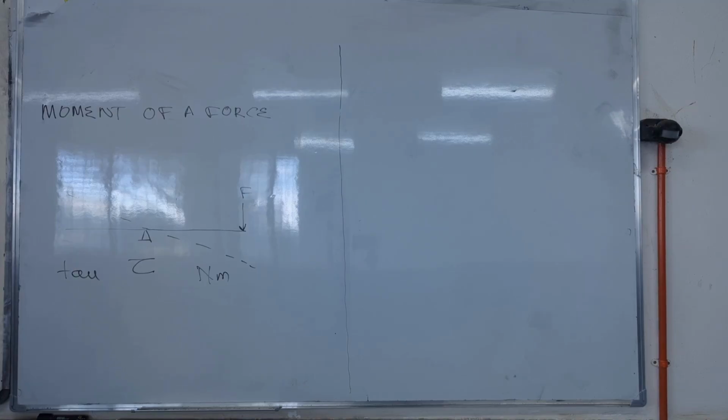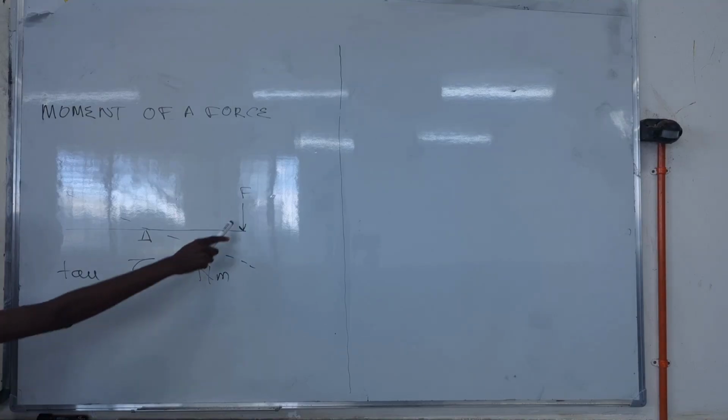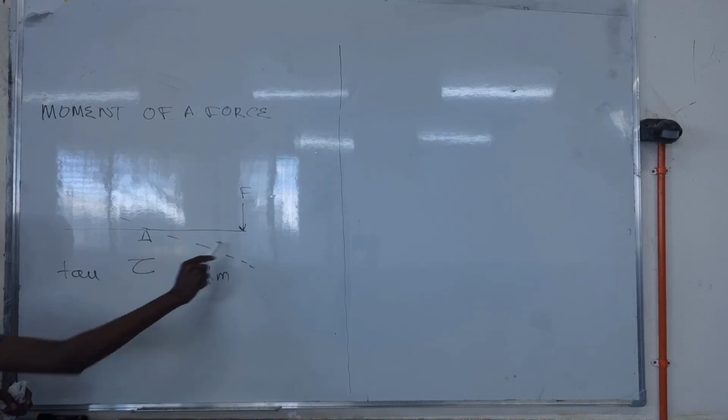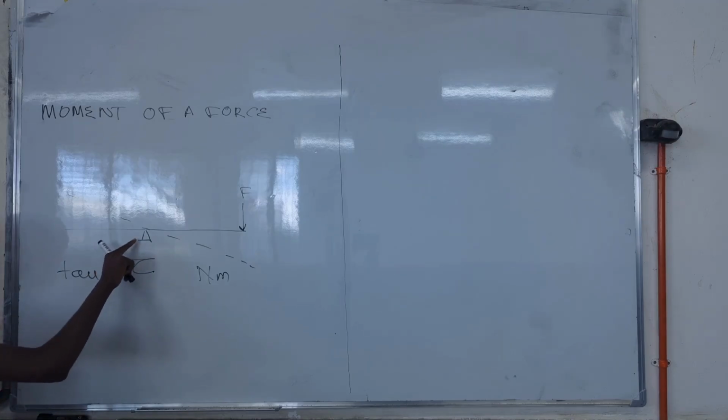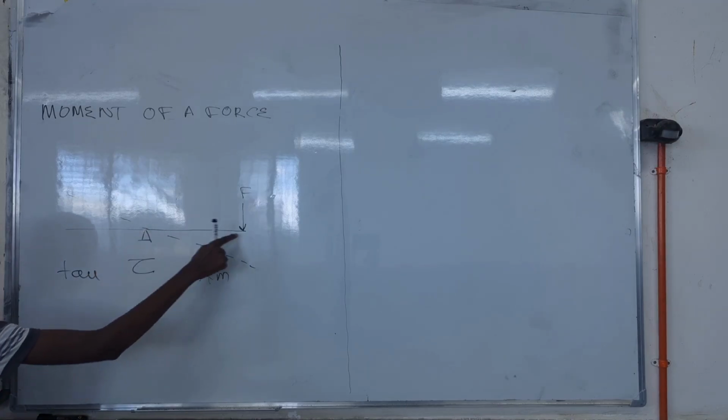Right. So in 2D, when we talk about 2-dimensional space, we know that when finding moment, you just have to multiply the force times the perpendicular distance. That's very easy for you to do. So here we find that the perpendicular distance is this distance here, right?